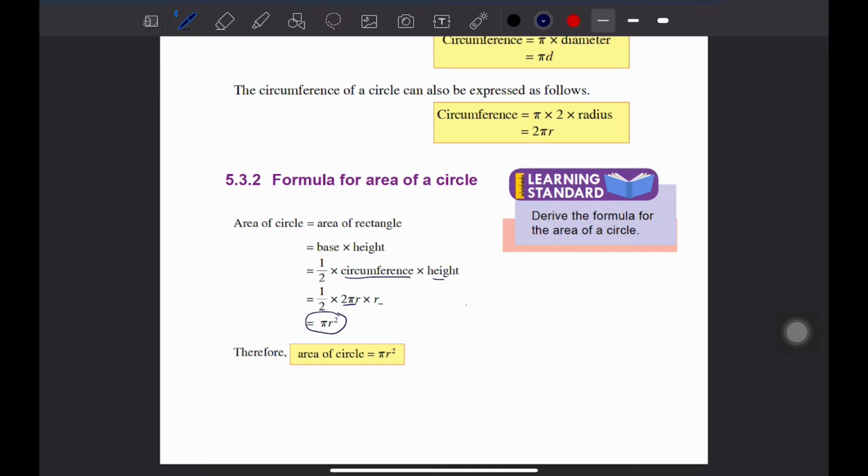Actually, there are videos online. I will give the link to you later in class, where you can see how from rectangle you can change it into the circle, where you can relate the area of the rectangle itself with the area of a circle.